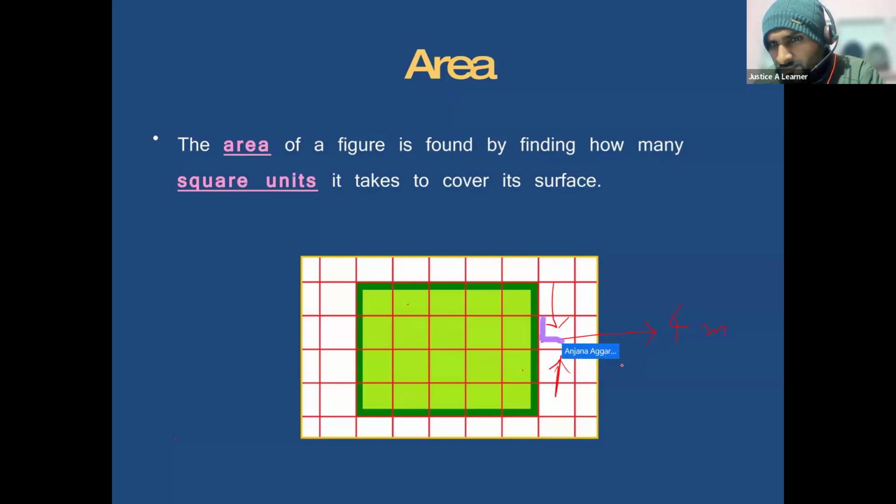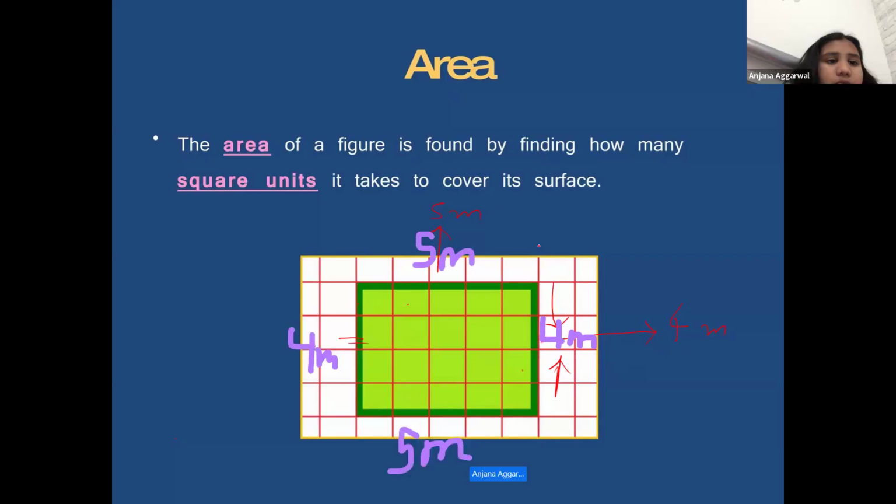This would be equal to 4 meter this side as well, right? And this side is 5 meter. So this would also be equal? Now if you find the perimeter, that was the formula of perimeter.